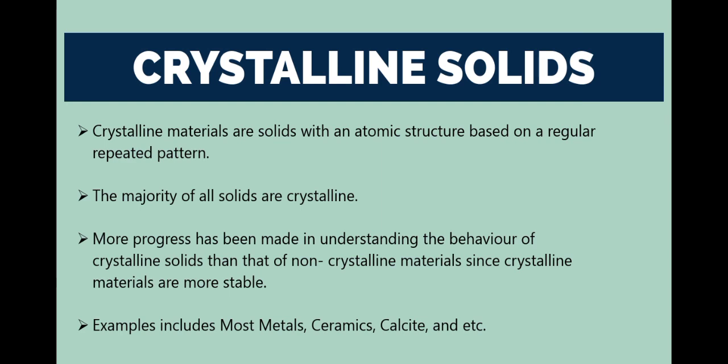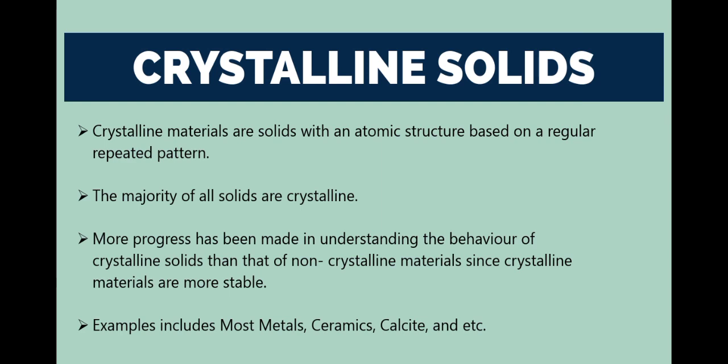And the third one is more progress has been made in understanding the behavior of crystalline solids than that of non-crystalline materials, since crystalline materials are more stable. Scientists and researchers have made significant advancement in comprehending the properties and behavior of crystalline solids compared to non-crystalline or amorphous materials.